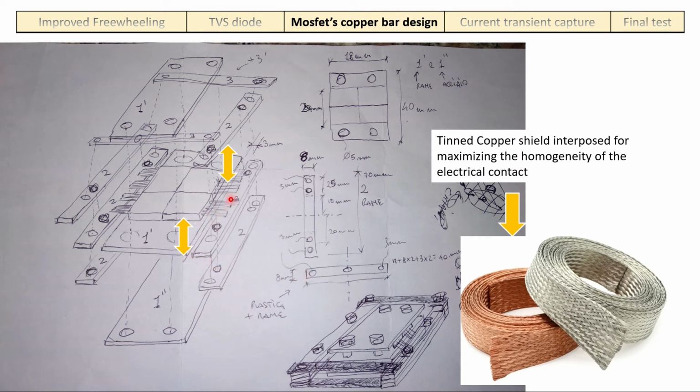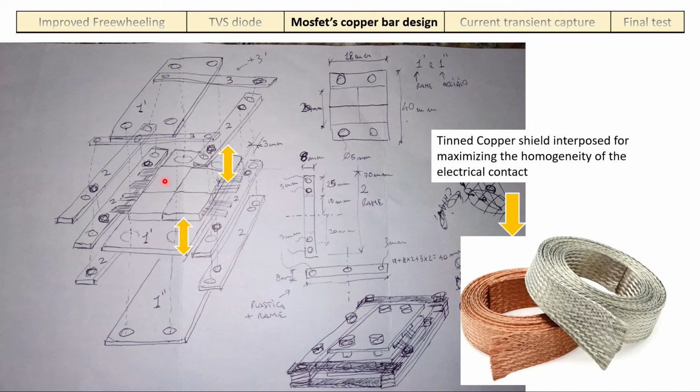One feature is how to get a perfect connection between the MOSFETs and the copper bar. I placed between them a tinned copper shield. Tinned to prevent oxidation. A copper shield because the pattern entails a perfect current distribution between the contact of the MOSFET and the copper bar.